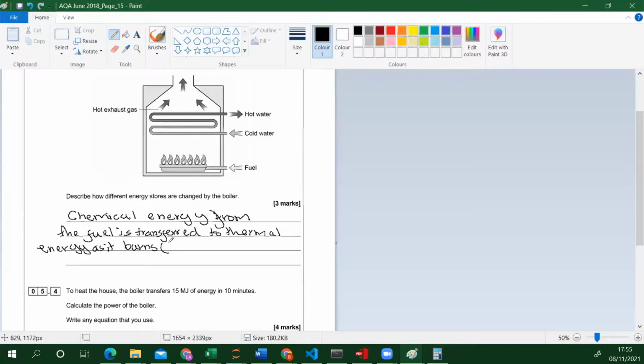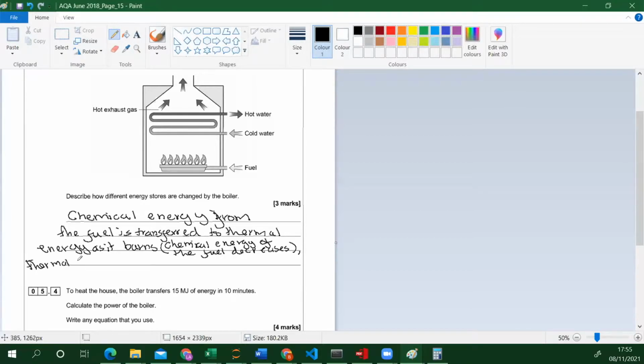So the chemical energy store of the fuel decreases. The thermal energy store of the water increases.